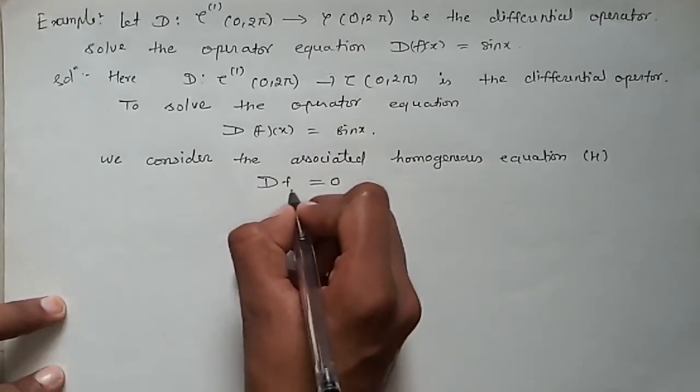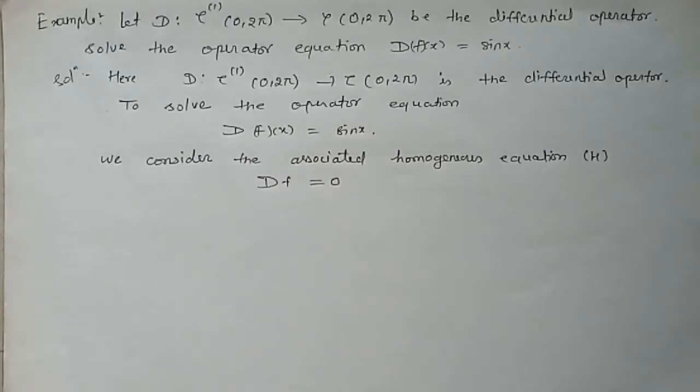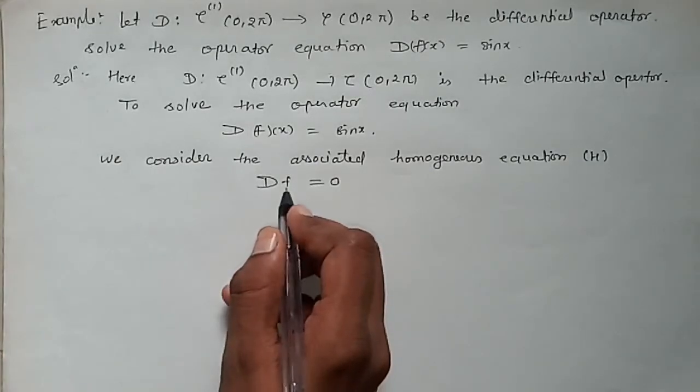Then we know what are the functions whose first derivative is 0. So those are nothing but constant functions, because the first derivative of any constant function is 0. So we can conclude this f is nothing but a constant function.